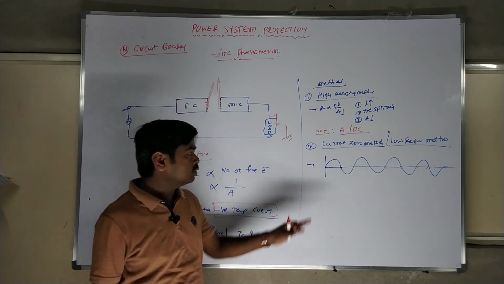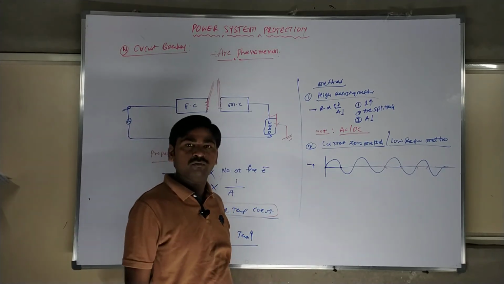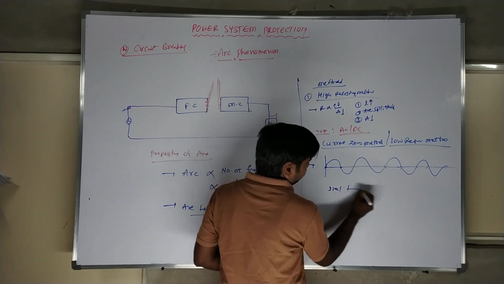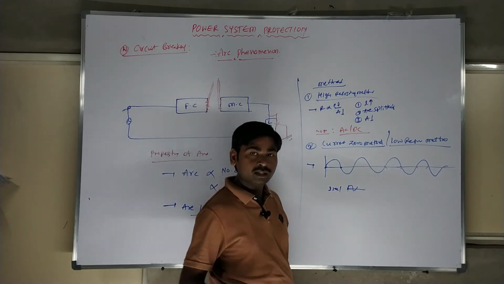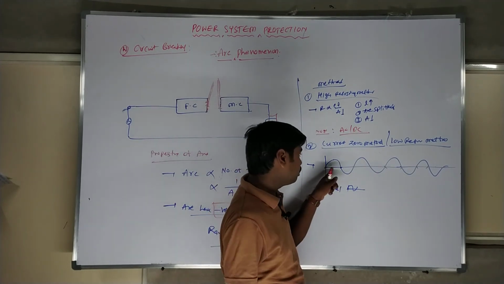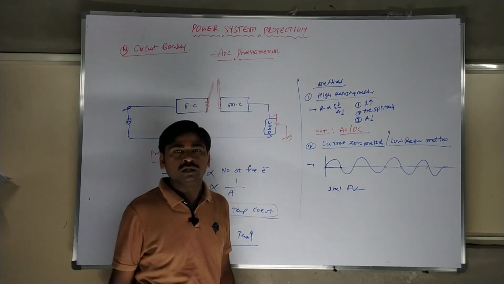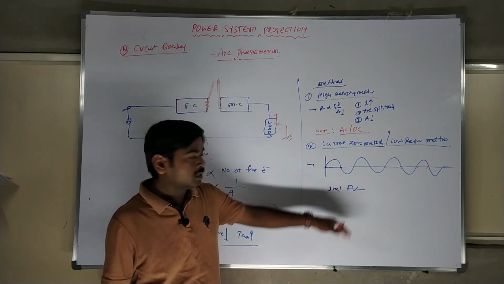The problem with the current zero method is that per second we have 50 cycles, and in each cycle you have 2 current zero points. Opening at these current zero points is not an easy task. It is a complex method, since we need to open within a short few microseconds.